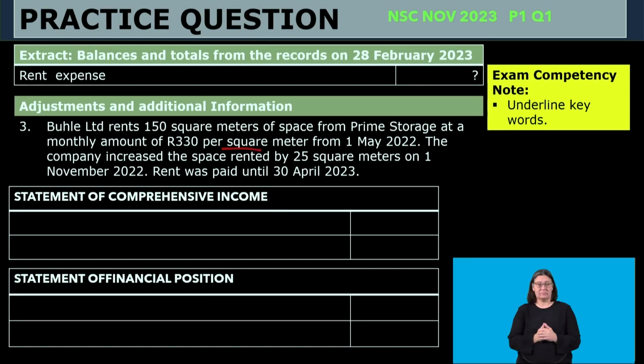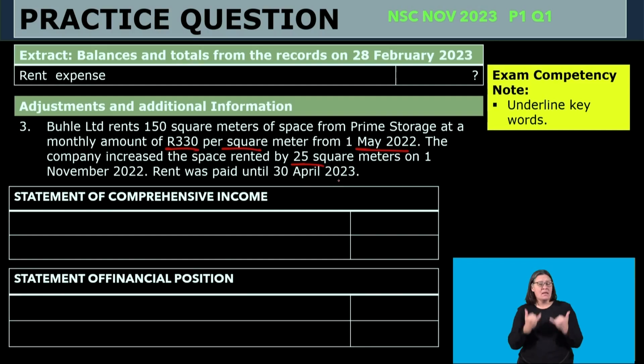Remember, underline the keywords, $330 per square meter from 1 May. Very important. The company then increased the space by 25 square meters on the 1st of November. Very important as well. Rent was paid until the 30th of April.